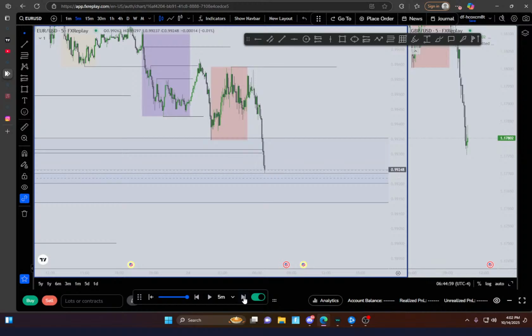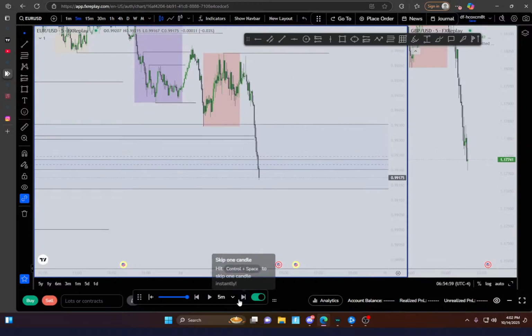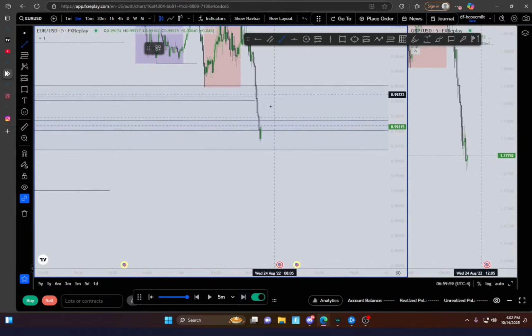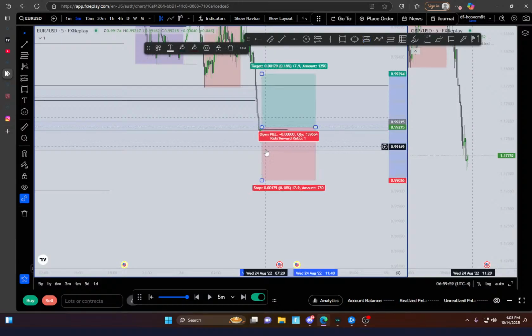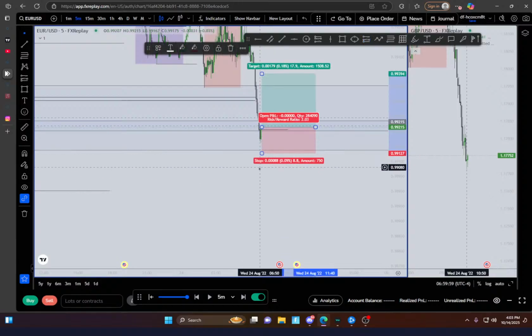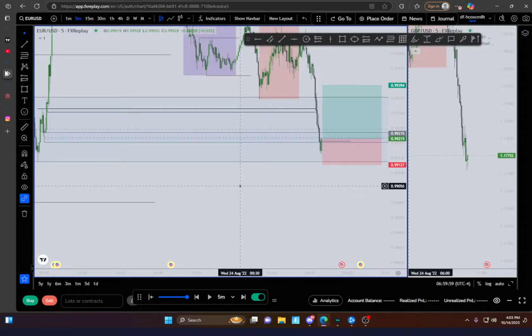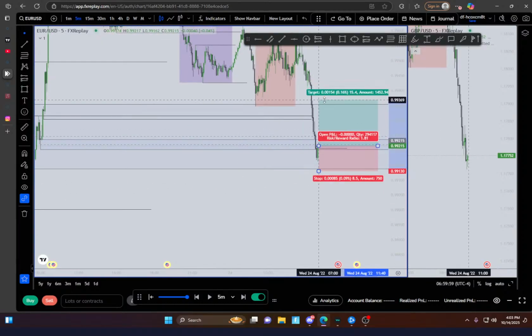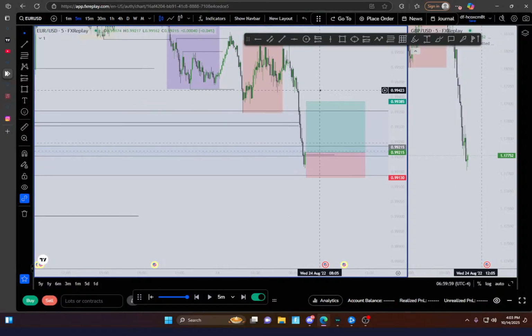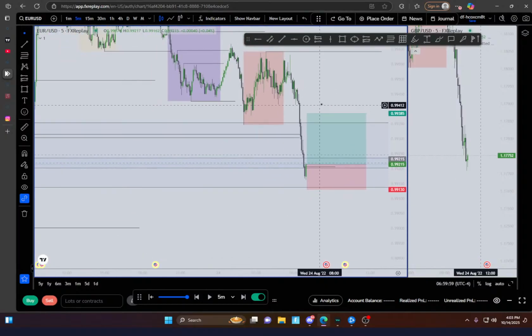Let's kind of see if we get like a change in state. Boom, we get that first change in state, and that is also SMT. So, and we're in very discounted pricing, so we can aim for this inefficiency, or just a 1 to 2.